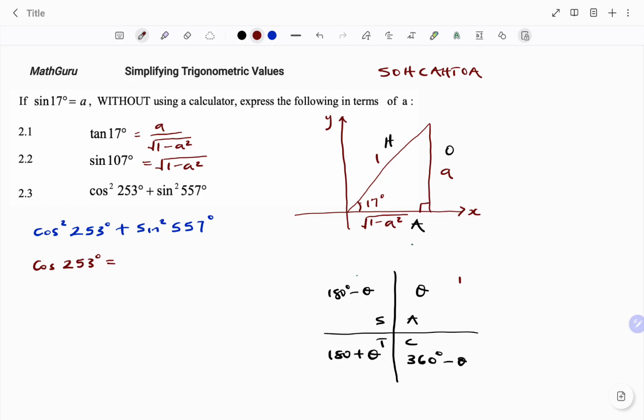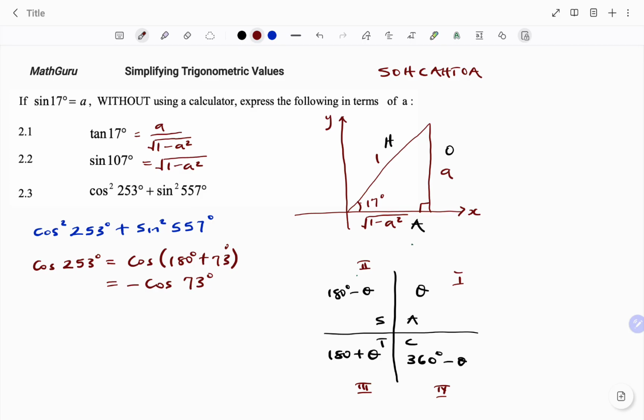I have my first, second, third, and fourth quadrant as shown. And the breakdown will be cos of 180 degrees plus 73 degrees. I'm going to put that inside. Because in that quadrant cosine is negative, since only tangent is positive in that quadrant, that's been reduced to negative cosine of 73 degrees.